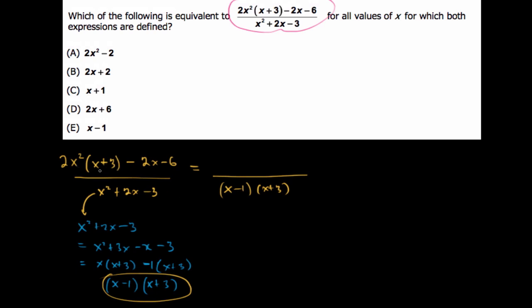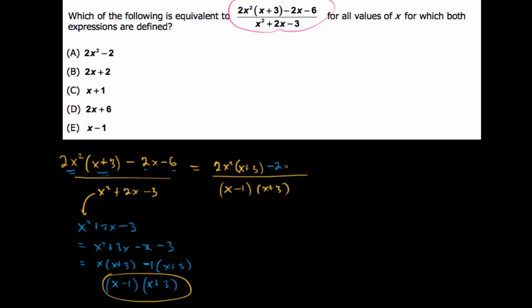Now what you observe here is on the left hand side you have 2x squared times (x plus 3). On the right hand side, it's possible to factorize because negative 2 is common here. So I'm going to write 2x squared times (x plus 3), then since negative 2 is common, you have minus 2 times (x plus 3).